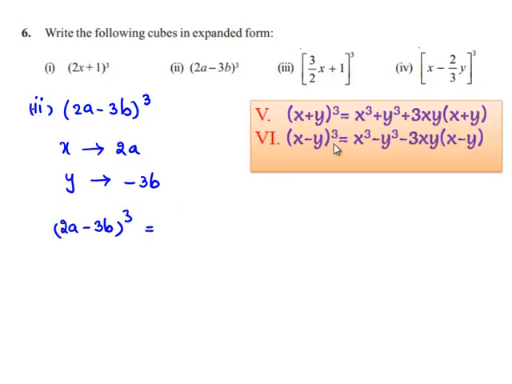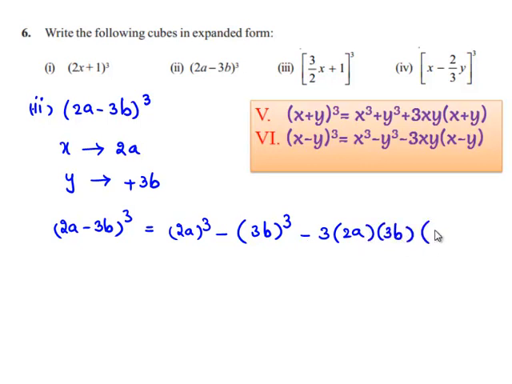in place of x cube we can write (2a) whole cube minus, in place of y cube we can write (3b) cube, minus 3 times of 2a multiplied by 3b multiplied by (2a - 3b).